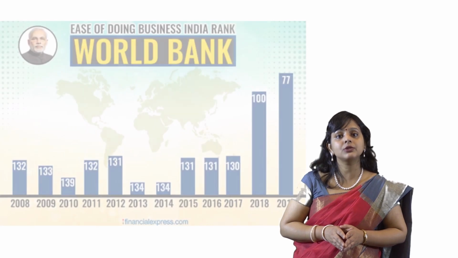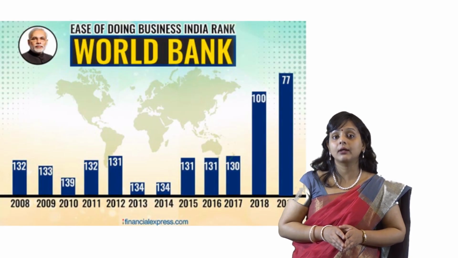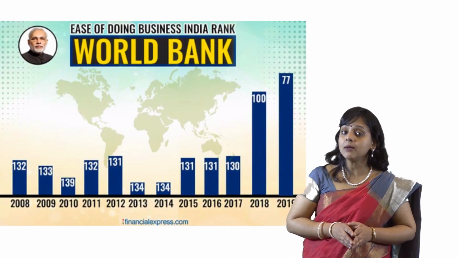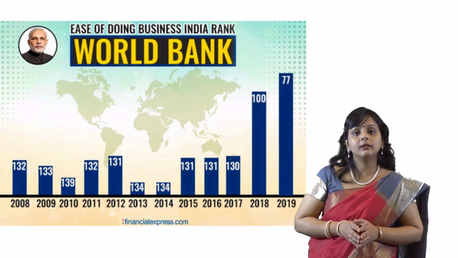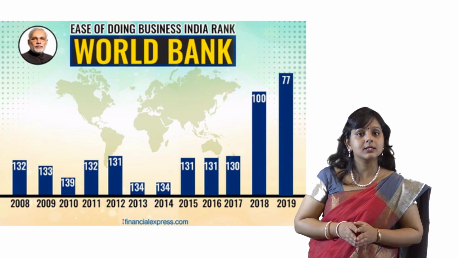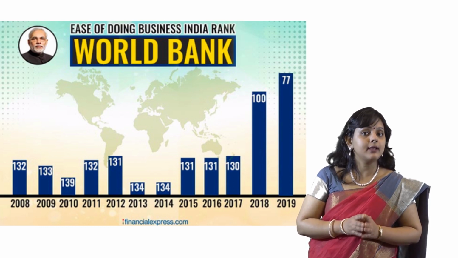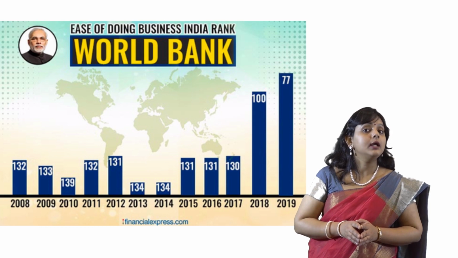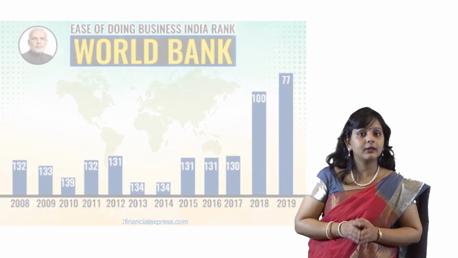All this has led to improvement in India's position in the World Bank's ranking also. India has jumped by several ranks in the ease of doing business ranking. From 100th rank last year, today India stands at 77th position in the World Bank's ranking.